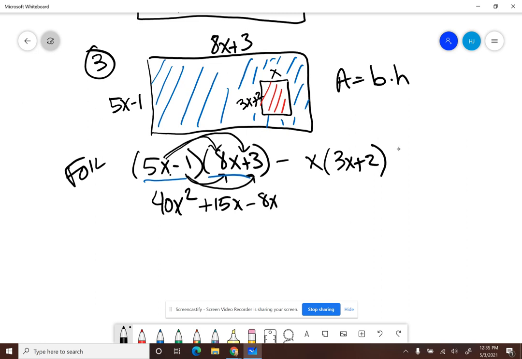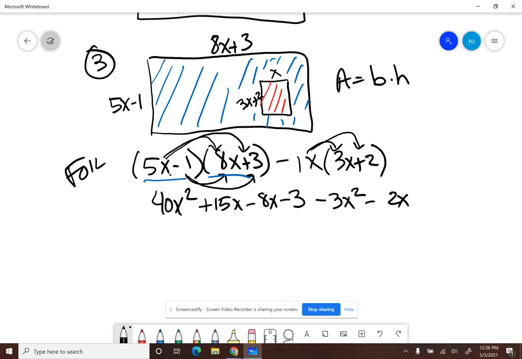And negative 1 times positive 3 is negative 3. And I could just keep right on going. So we're going to have subtract, right? x times 3x is going to be negative 3x squared. And negative x, remember this negative is just like a negative 1, it's going to both of these. So negative x times positive 2 is going to be a negative 2x.